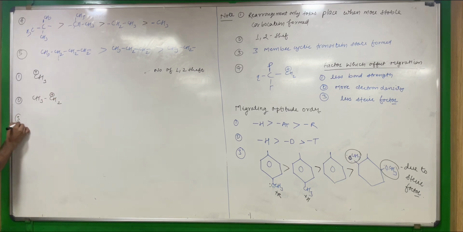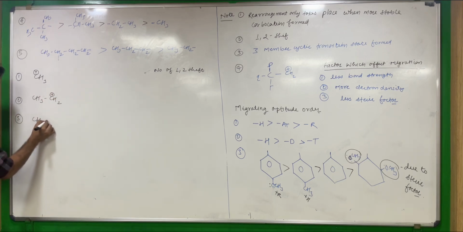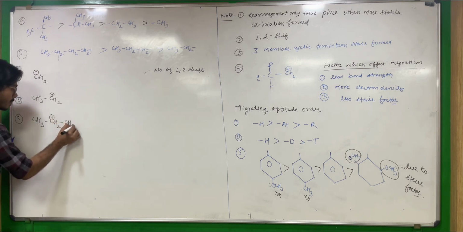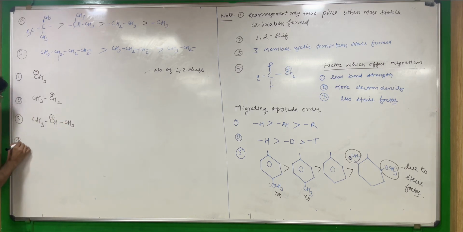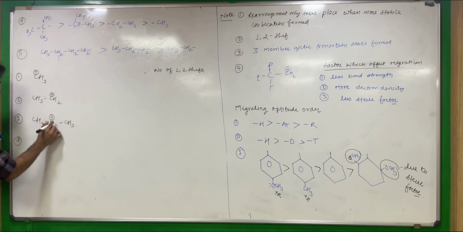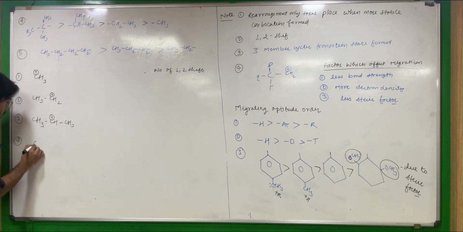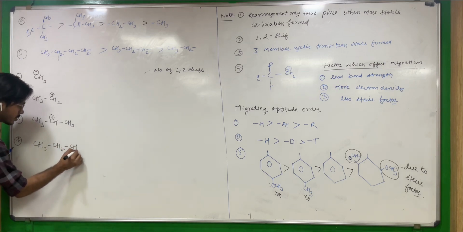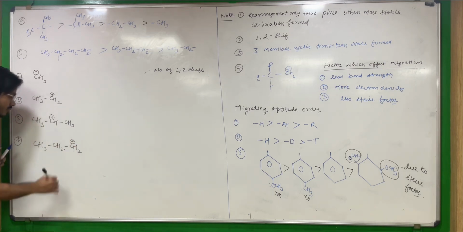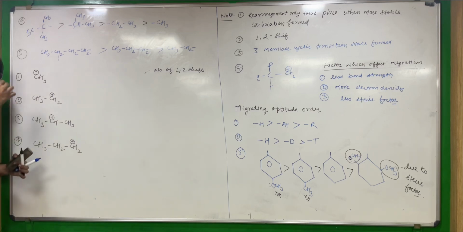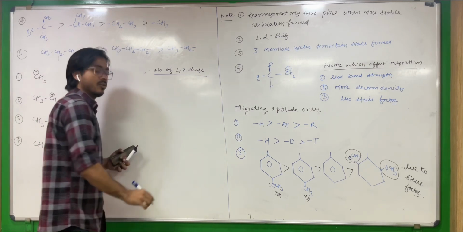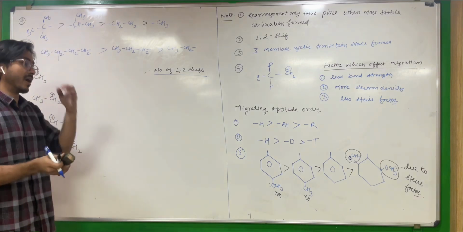Third, in this case also, is rearrangement taking place or not? Fourth, in this case also, is rearrangement taking place or not? If rearrangement is taking place, how many 1,2 shifts are possible and which group is migrating, that also you have to tell.